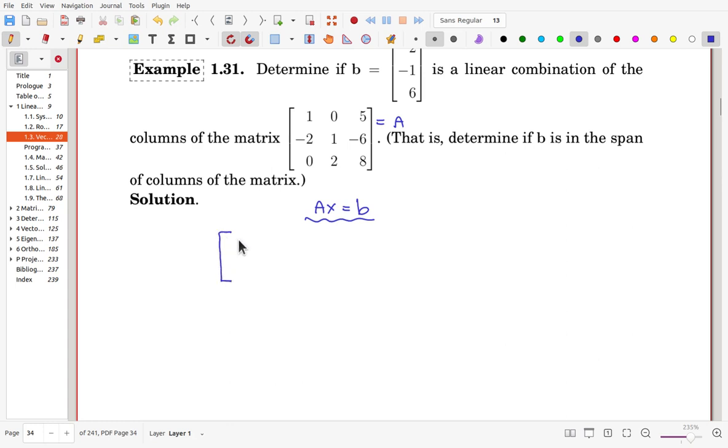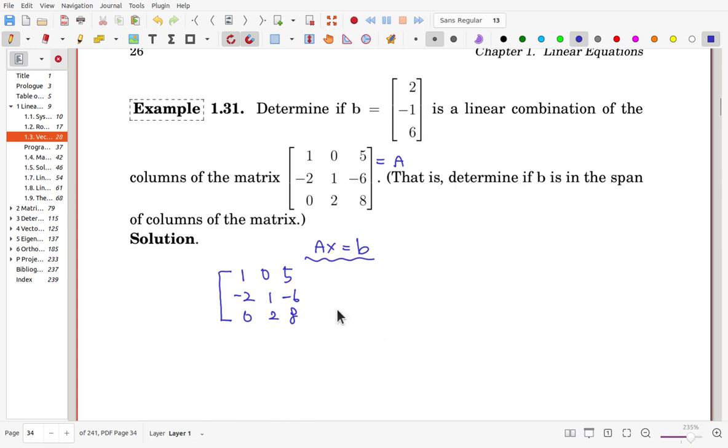A is 1, 0, 5; -2, 1, -6; 0, 2, 8. And the right side is 2, -1, 6. From this, the first row 1, 0, 5, 2 is not changing, and twice the first row is added.